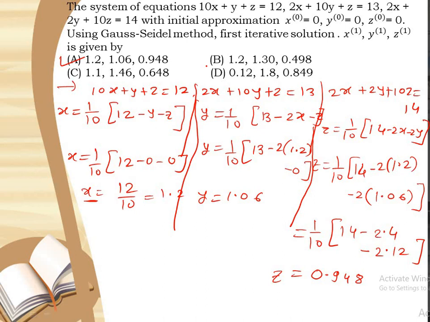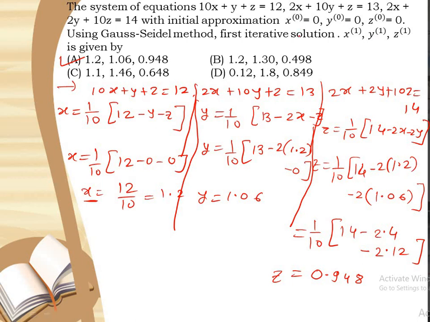This method is known as the Gauss-Seidel method. In that method, first we have to find the value of x. For finding the value of x we have to use the initial approximation that is given in the example. So the initial approximations are x(0) is 0, y(0) is 0, and z(0) is 0. By using that approximation we can find the value of x.